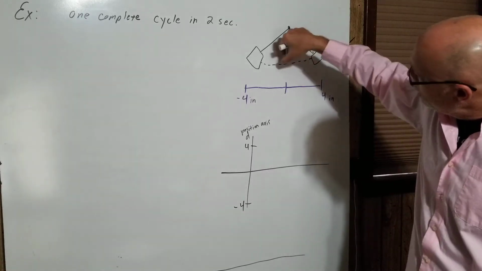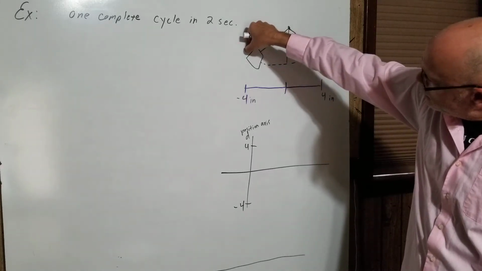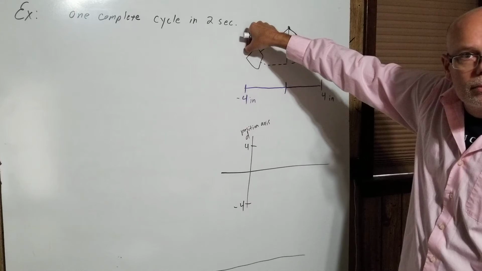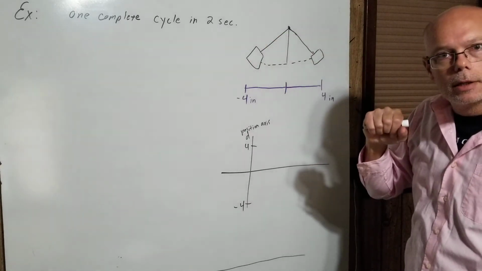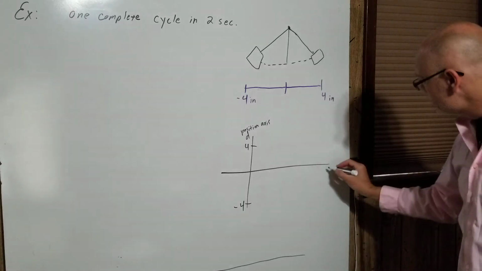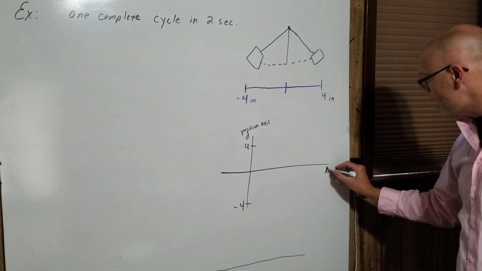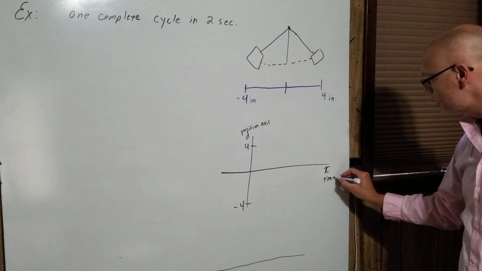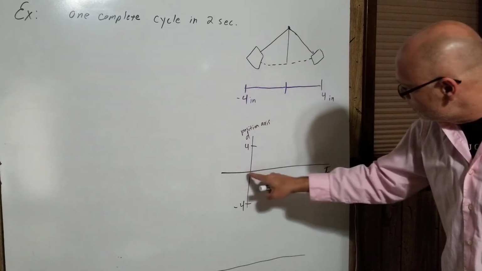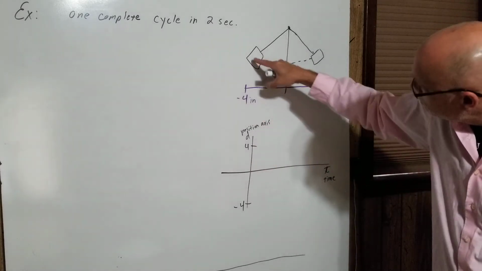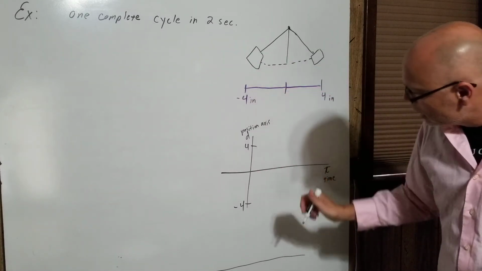They say, let's pull it back to this negative 4 position and then start counting the instant we release. So the instant we release, that'll be 0 on the time axis. So the time will be 0, and what position will it be at? Negative 4.